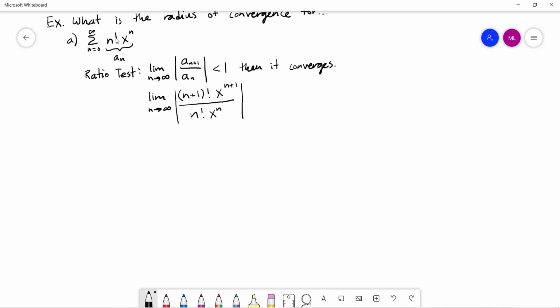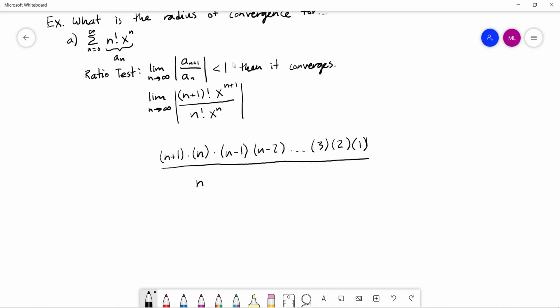So, if we cancel, remember how the factorials cancel. You can think of this as n plus 1 times n times n minus 1, and so on, all the way down to 1. So, n plus 1 times n minus 1 times n minus 2, dot dot dot, down to 3 times 2 times 1. And below that, we have n factorial, which looks like the exact same thing, except for the n plus 1 term.